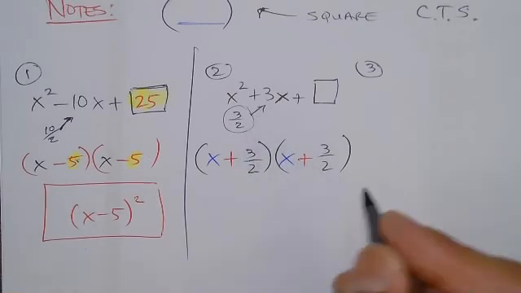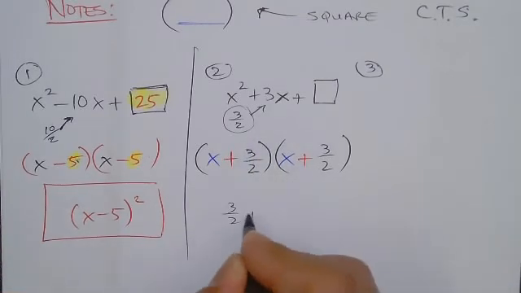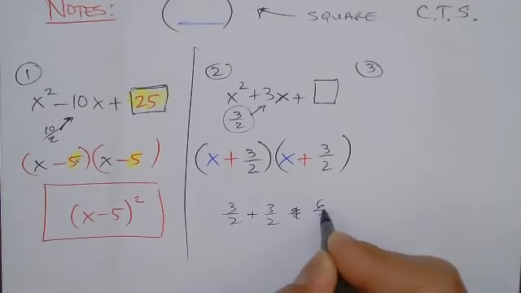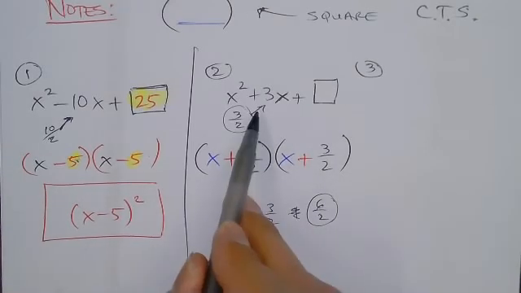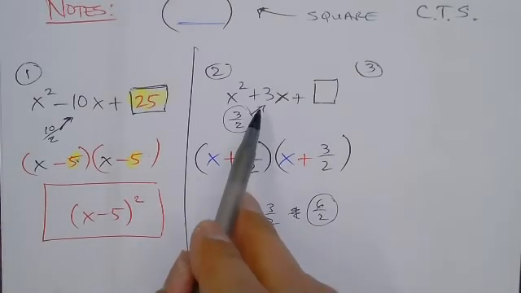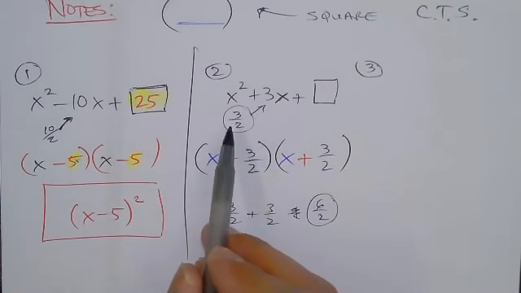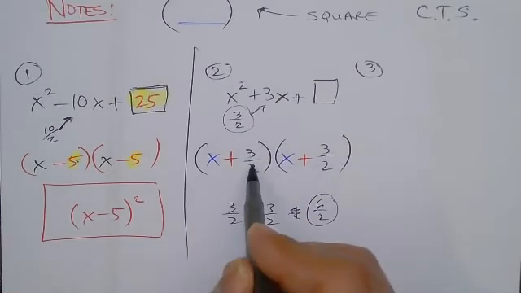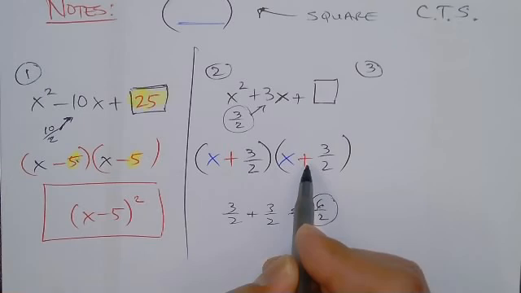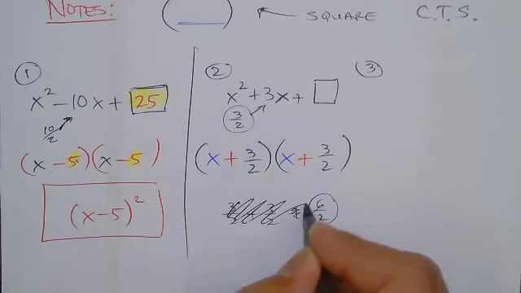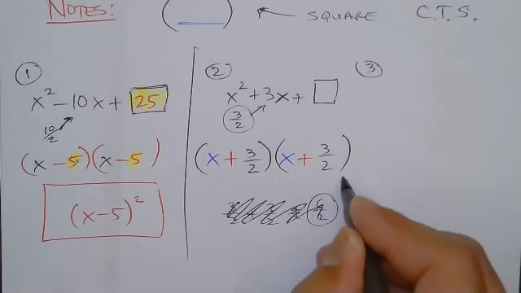So 3 over 2 plus 3 over 2, if you want to check it, is 6 over 2. And what's 6 divided by 2? 3! Oh my God, it's not that early. So yes, the half of 3 and the other half of 3, when you put them together, adds up to the 3.